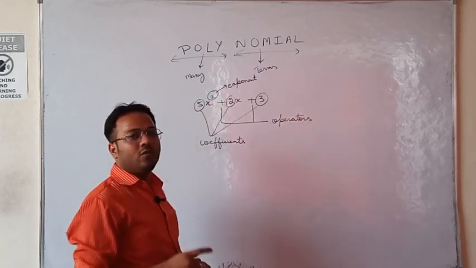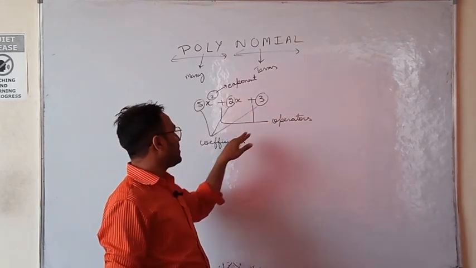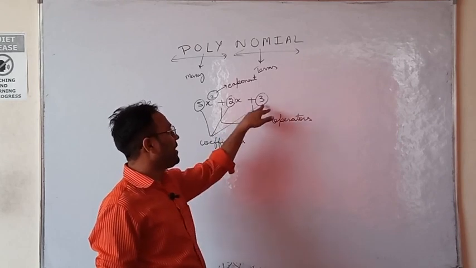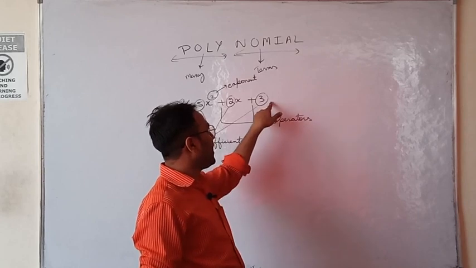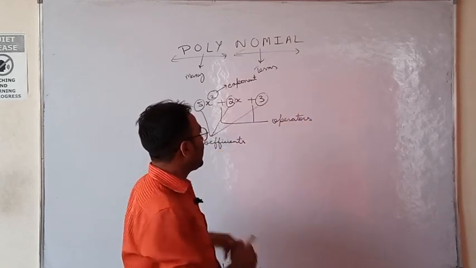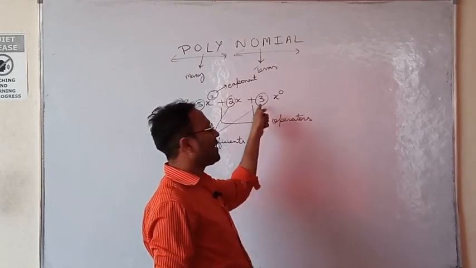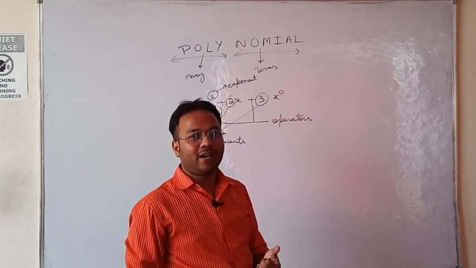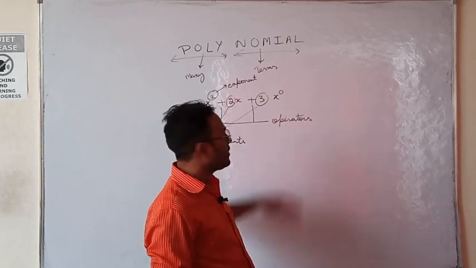Now the question in your mind is, sir, 3 is a constant here, why is it a coefficient? It is not along with the variable. Yes, it is along with the variable, because it is in multiplication with x to the power 0. So we can consider 3 also as a coefficient of x to the power 0, correct?